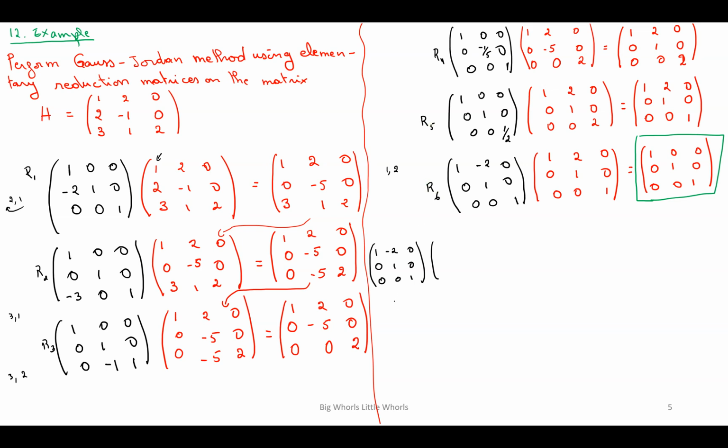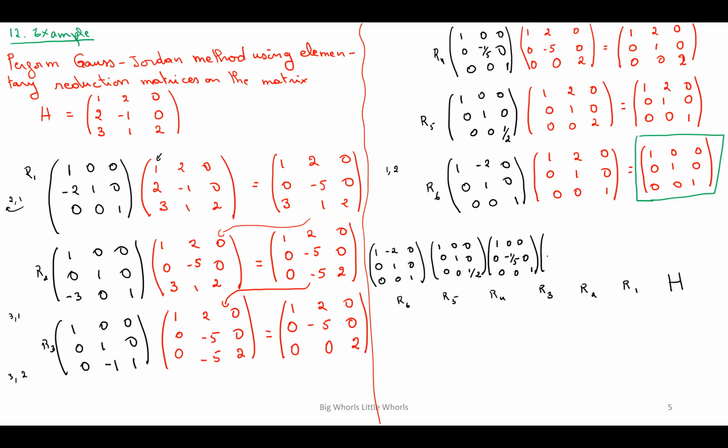So we are going to write it in reverse order: R6, R5, R4, R3, R2, R1 multiplied by our H. Here my R5 is 1, 0, 0, 0, 1, 0, 0, 0 and a half. And the next one is 1, 0, 0, 0, minus 1 over 5, 0, 0, 0, 1.